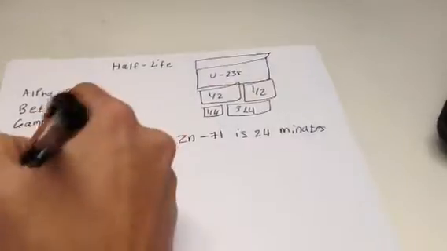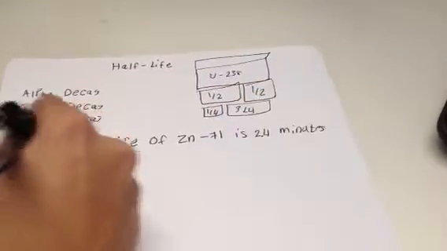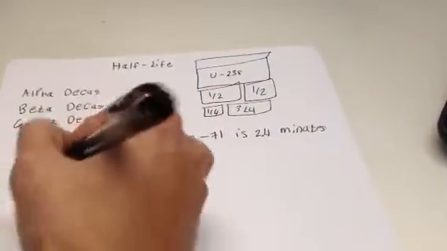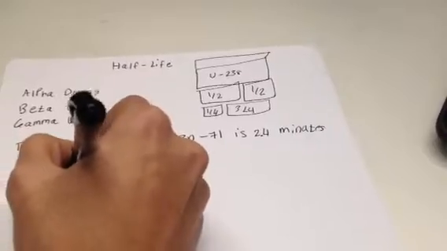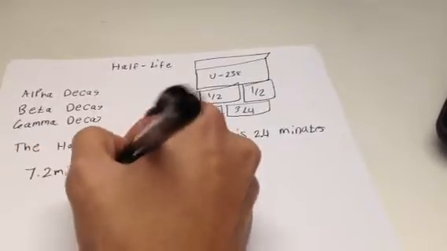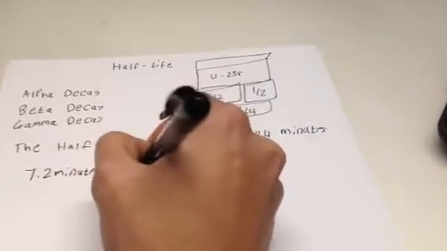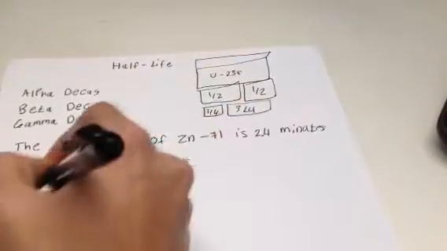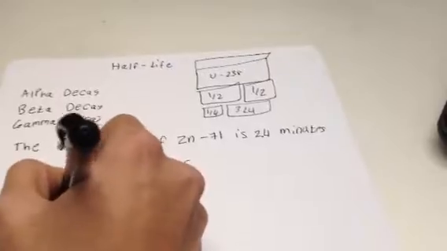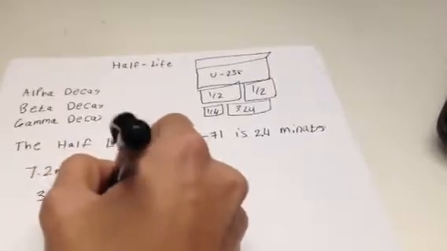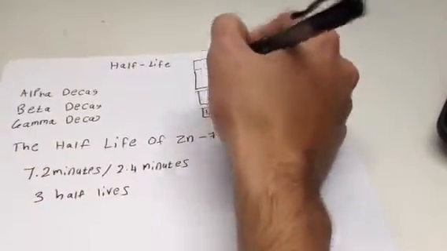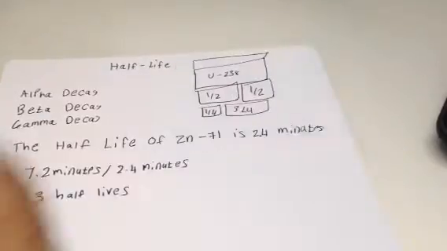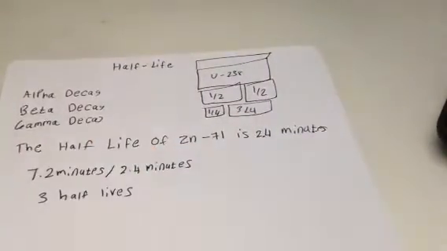So, we have 7.2 minutes divided by 2.4 minutes. And let me just use my calculator here, and that would be equal to 3 half-lives, or 3 cycles of it decaying from half to half to half, aka half-life.